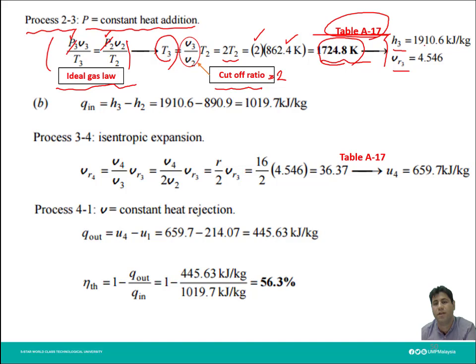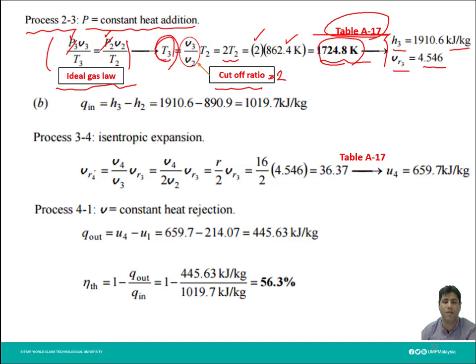H3 will be 1910.6 kilojoule per kilogram, and VR3 will be equal to 4.546. I'm not going to go through the interpolation because the procedure is the same. You only need to locate the temperature in the table, then find the enthalpy by the interpolation procedure, which you have already seen in the previous step. So this is the answer for part A, the temperature T3 at the end of the heat addition process.